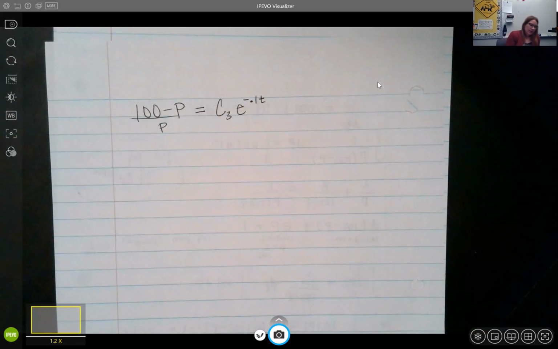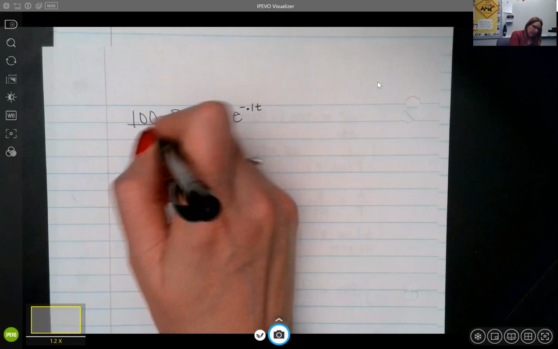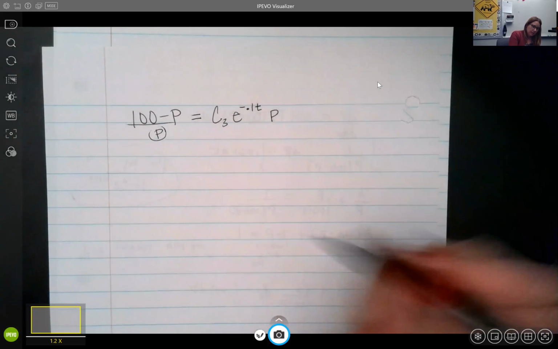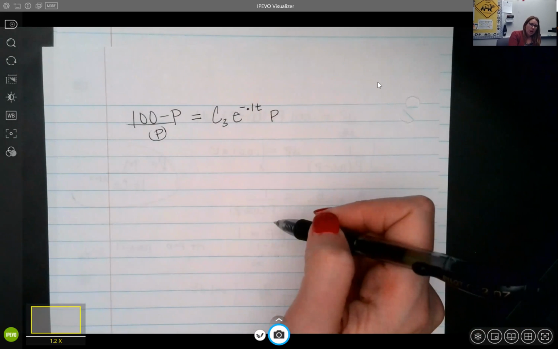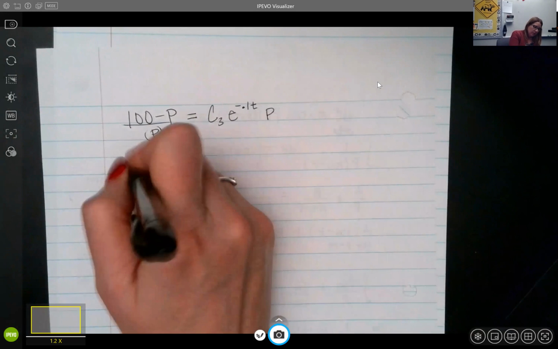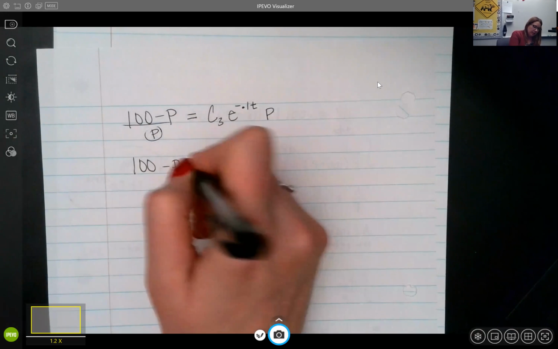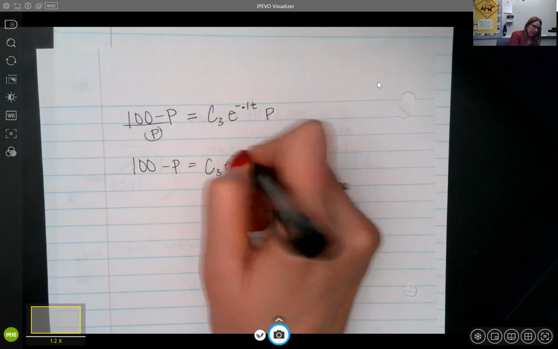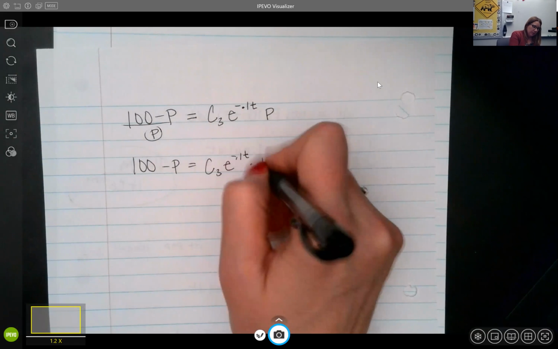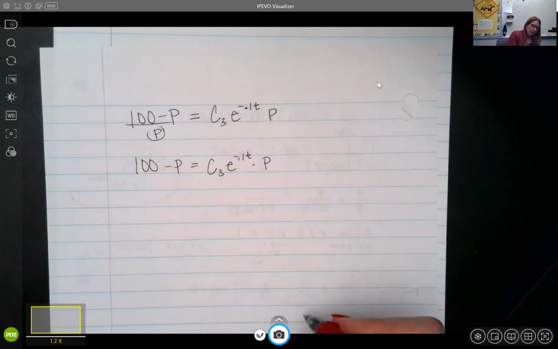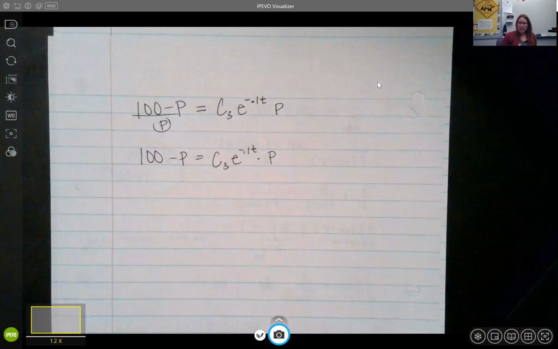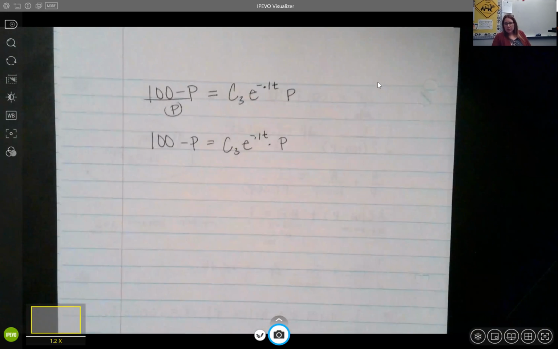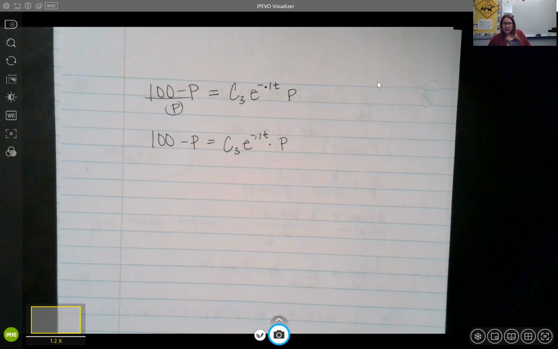Okay, now I need to multiply this by p. So then I have 100 minus p equals c e to the negative 0.1 t times p. And then we want to simplify it so that we can get the p's together, right?